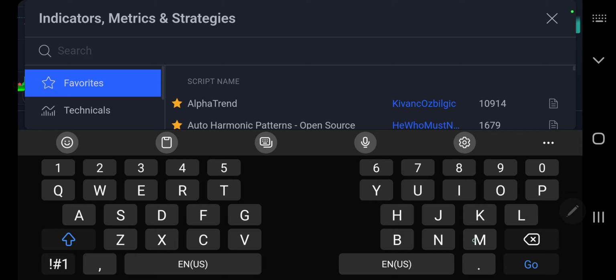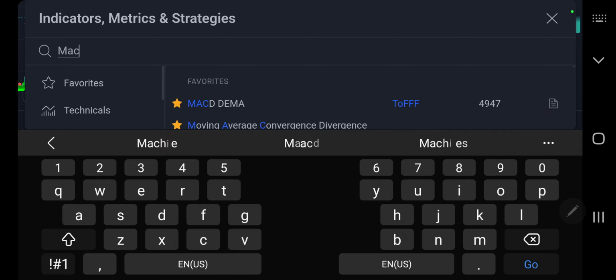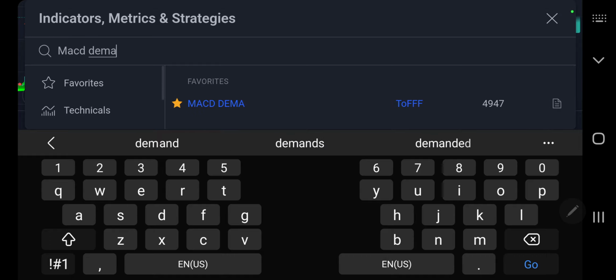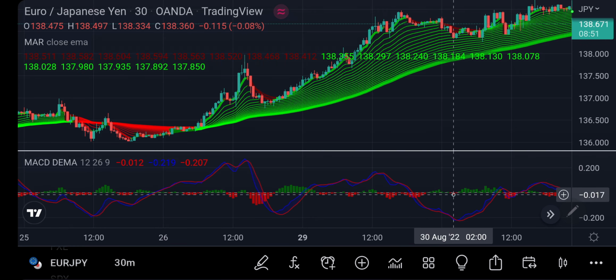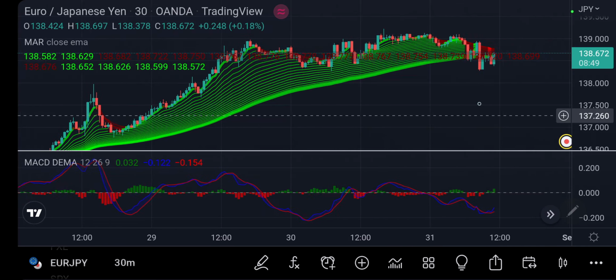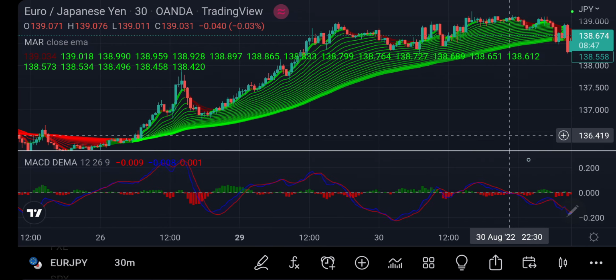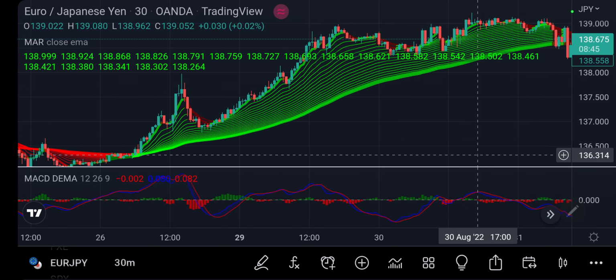So let's bring that one, the MACD DEMA. You can see MACD DEMA; click on the star to bring it into your favorites and click on the indicators. It's right down here. That's very easy and simple, so you don't have to worry about your trade directions.